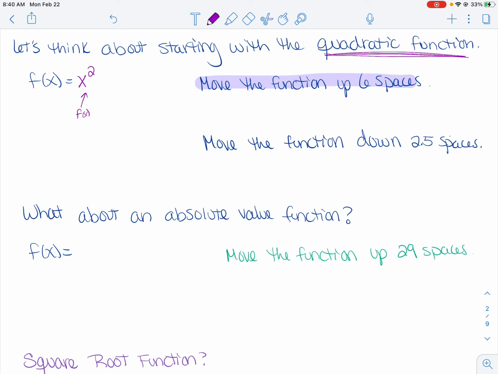So I would do that by adding 6 to the end of the equation because we're moving it up 6. So f of x plus 6 is one way to write that. But if we know f of x is equal to x squared, we can get a little more specific. So we could write x squared plus 6, and we would see our graph actually shift up 6 spaces.